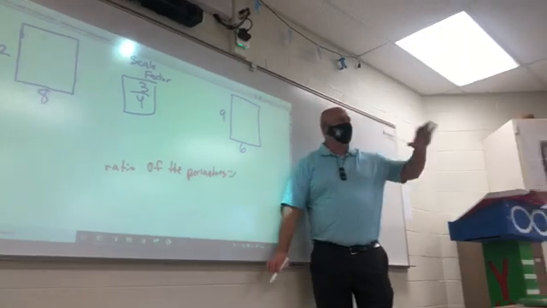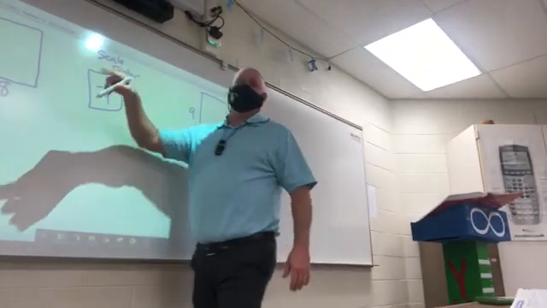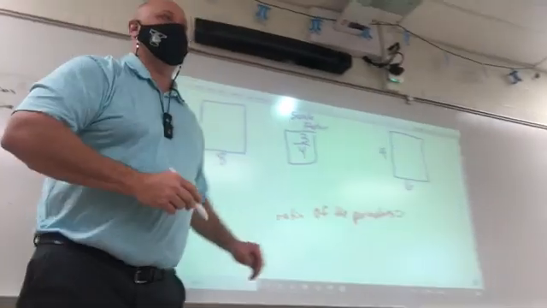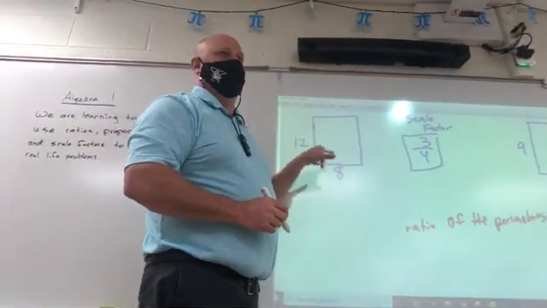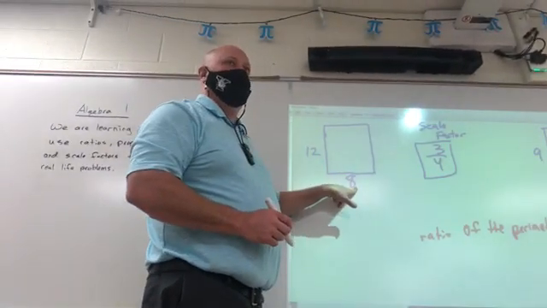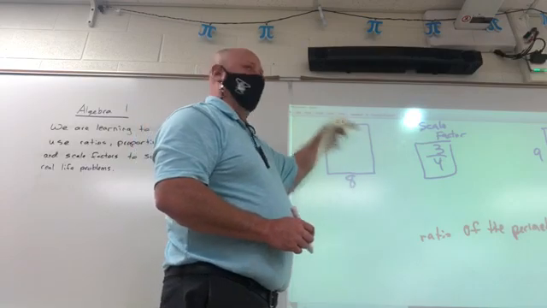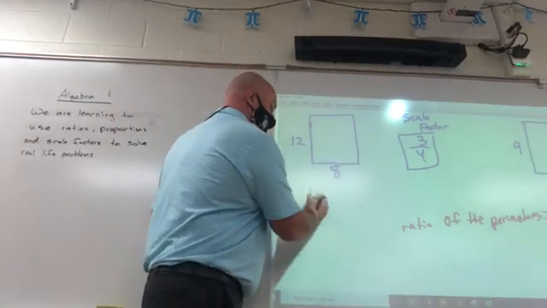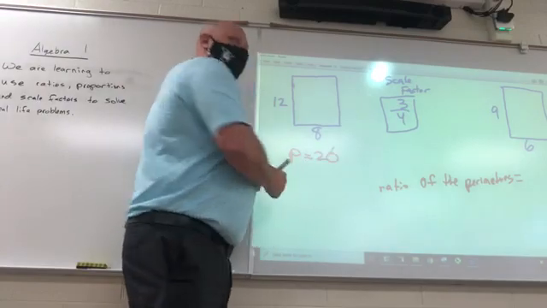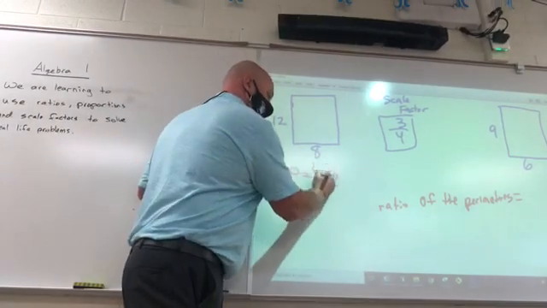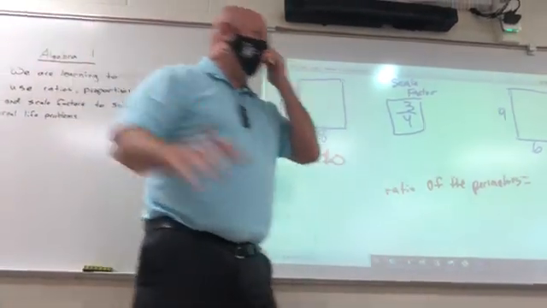Now, how do you find perimeter? You just add up all the sides, don't you? Well, great. What's 12 plus 8? 20. There'd be another 20. So what's the perimeter here? 40? Great.